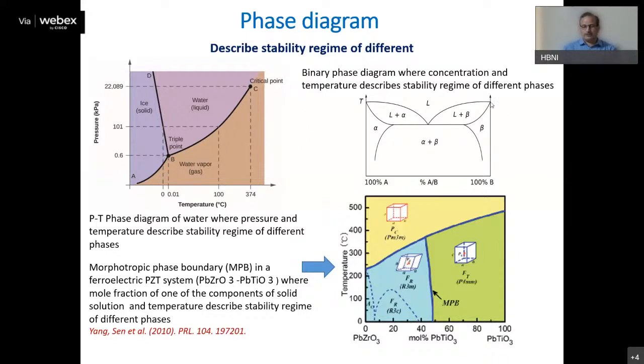And another kind of phase transition generally metallurgists deal with, where they actually change the composition. For example, this is a typical phase diagram of alloying A and B chemicals or elements.